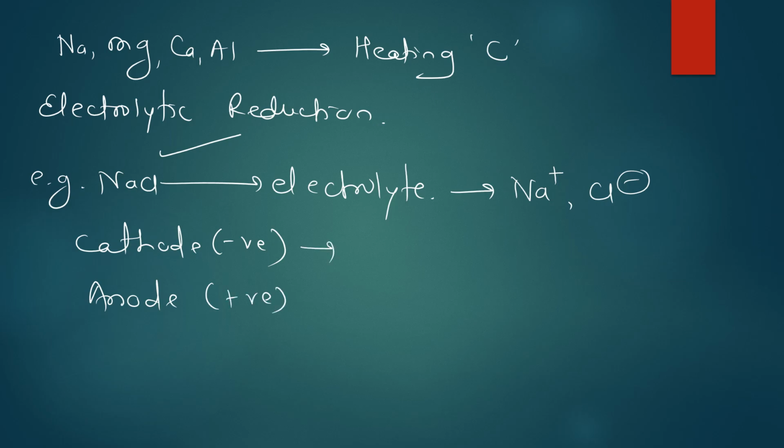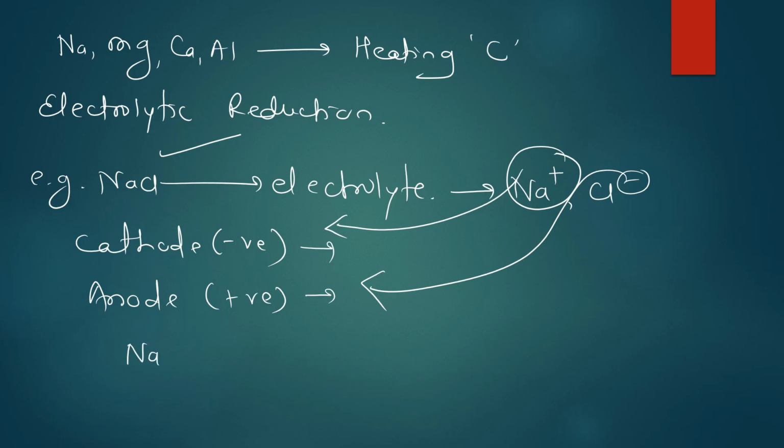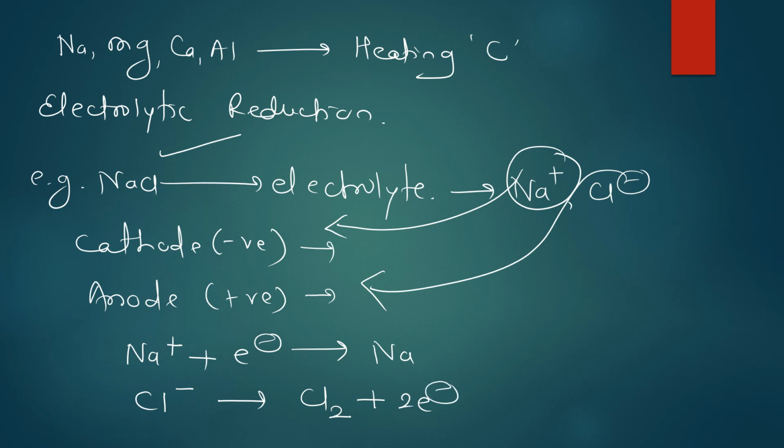It is common sense that Na plus will be attracted to the cathode and Cl minus to the anode because they are oppositely charged. So we can write Na plus, by gaining an electron, becomes Na, and Cl minus becomes Cl2 plus 2 electrons, releasing 2 electrons.